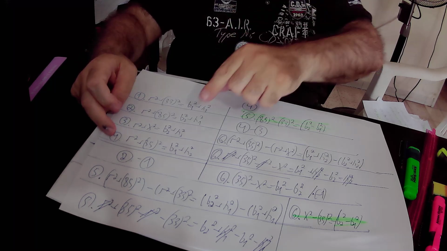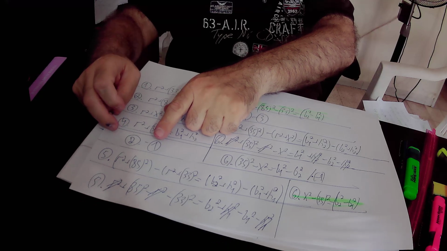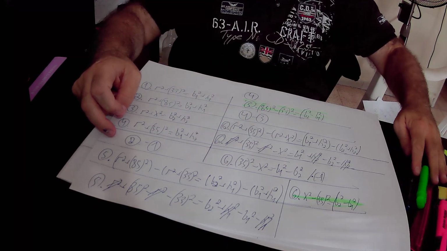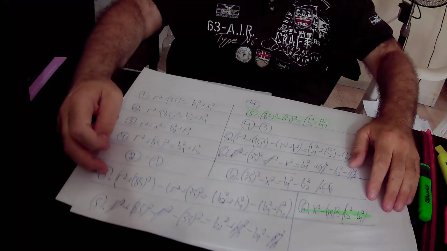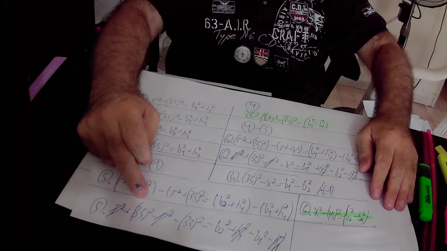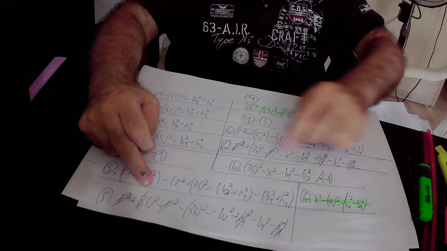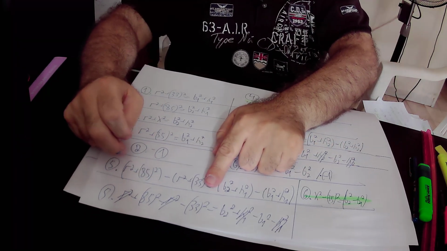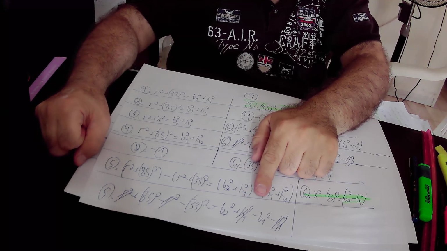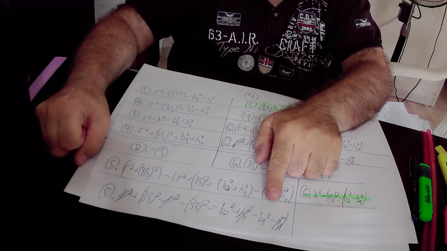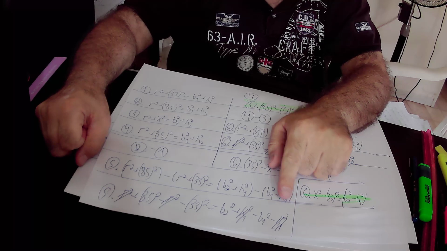Then we open the brackets in equation number 5 and found that r square plus 85 square minus r square minus 33 square equals b2 square plus h1 square minus b1 square minus h1 square.